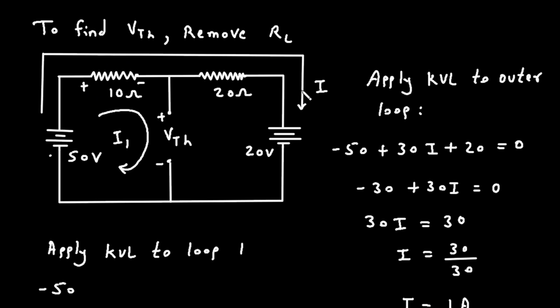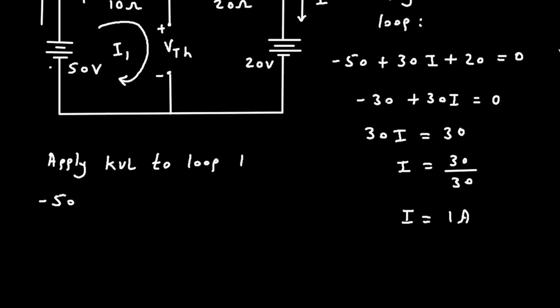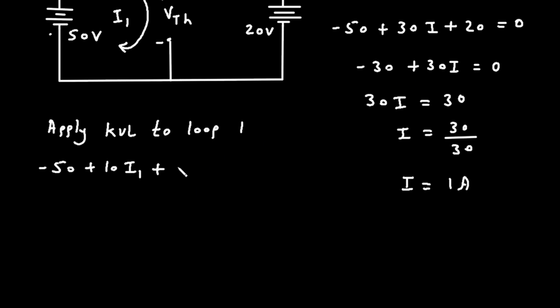Now this current I and this current I1 will be same because it is the same resistor. So plus 10I1 plus VTH is equal to 0.